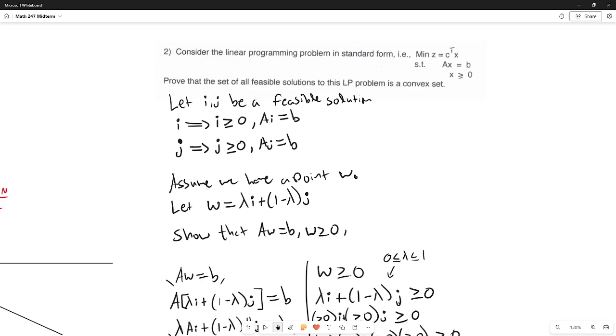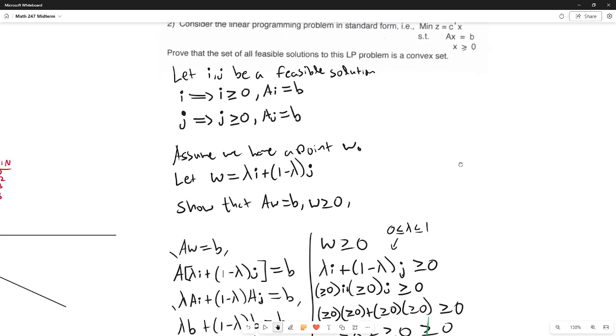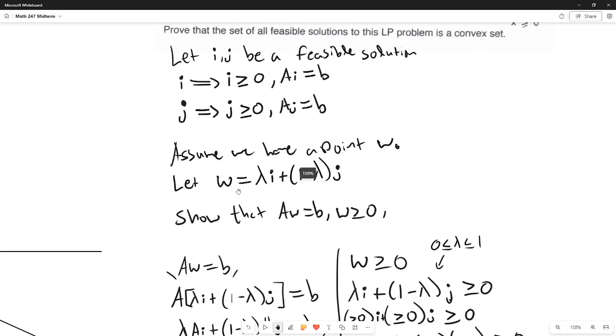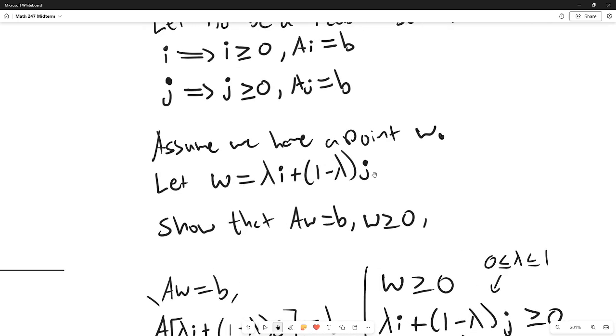So basically, do we have to memorize the solution? For this question, it would help, but it would be more helpful to actually understand why it's correct. To be in a convex set, there must be some point that's a convex combination of two other points within that set.